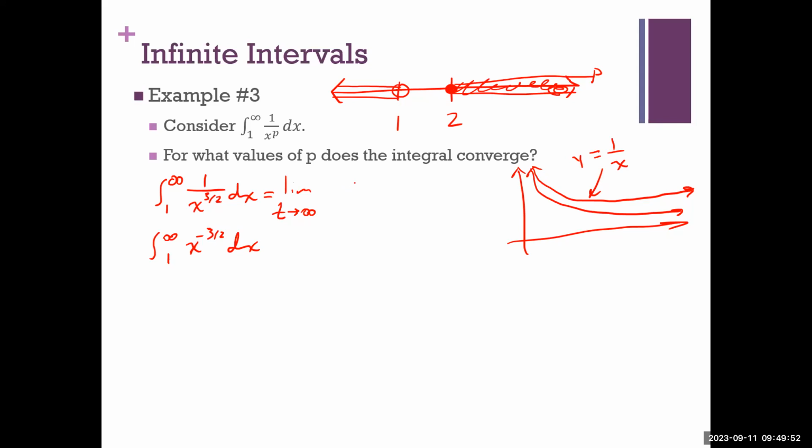How'd you get -2 over root x? You add 1 and divide by the new exponent, -1/2. So x to the negative 1/2 divided by negative 1/2, and if you simplify that, it becomes -2 over radical x.